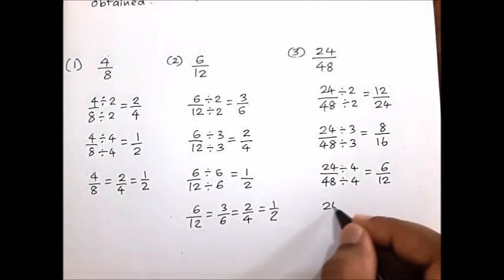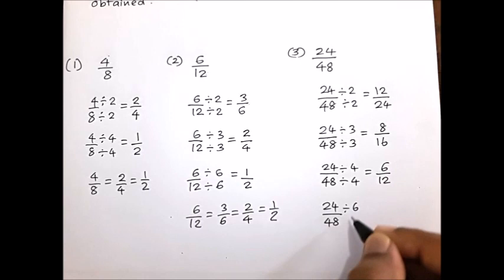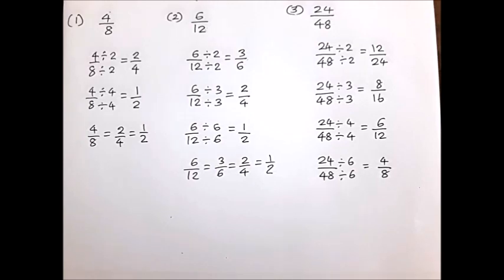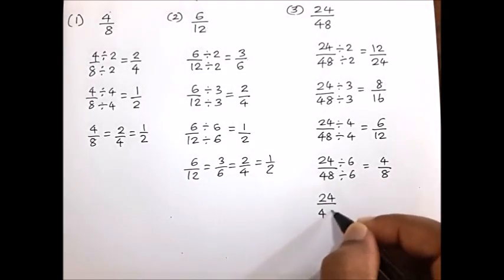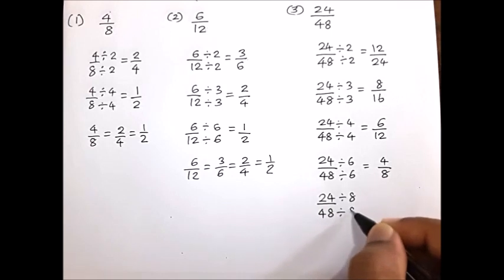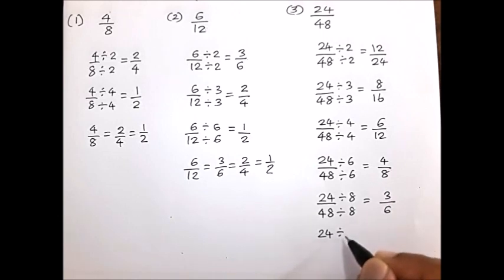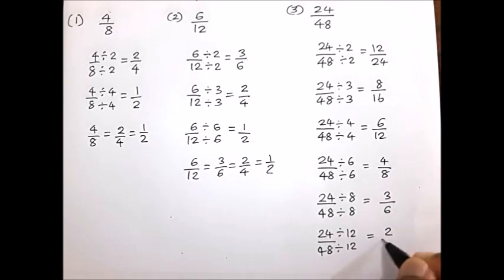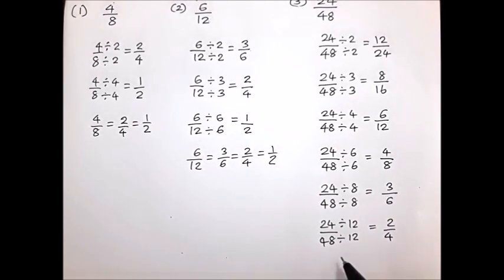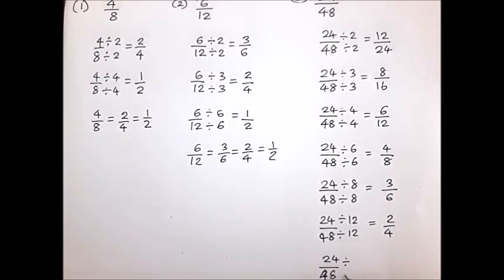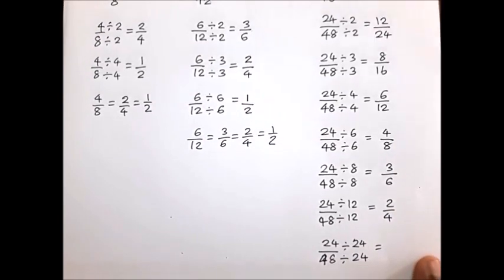Then I am going to divide both by 6. 4 over 8. Then you can divide both by 8. 3 over 6. Then I am going to divide both by 12. 2 over 4. And the last one, you can divide both by 24. It is 1 over 2.